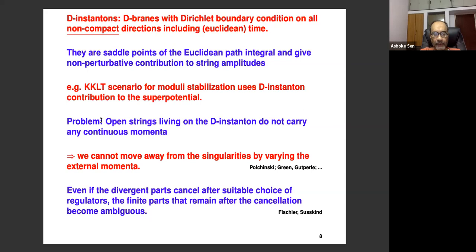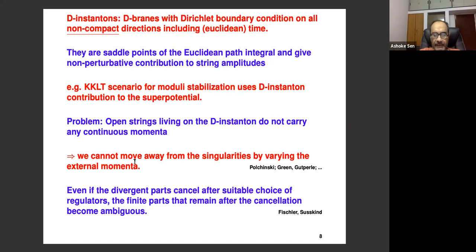Now, the problem that one faces in calculating these amplitudes is that open strings that live on the D-instanton do not carry any continuous momentum. And as a result, we cannot move away from the singularities by varying the external momentum.